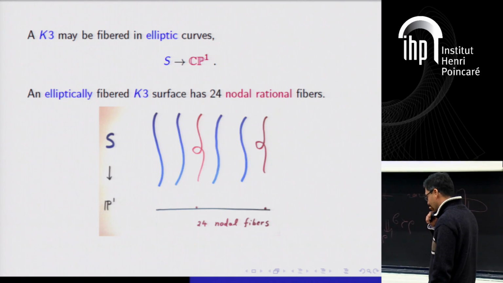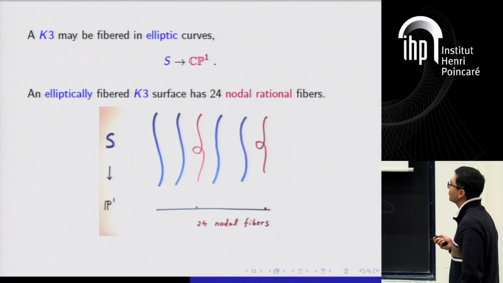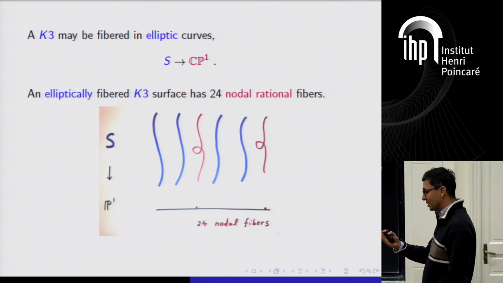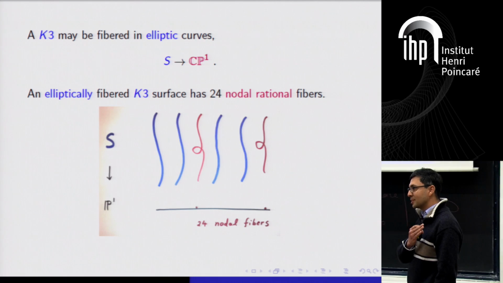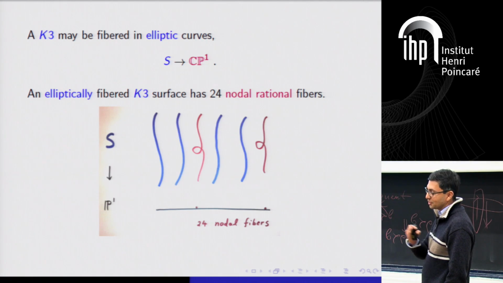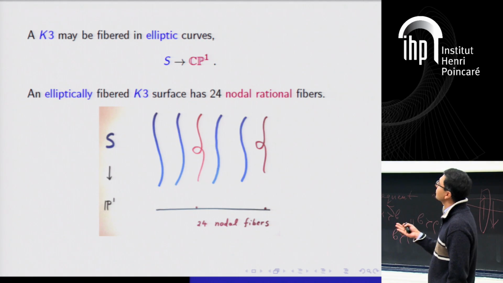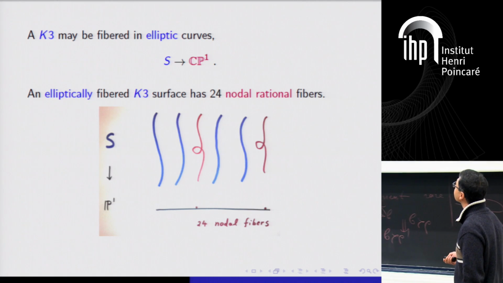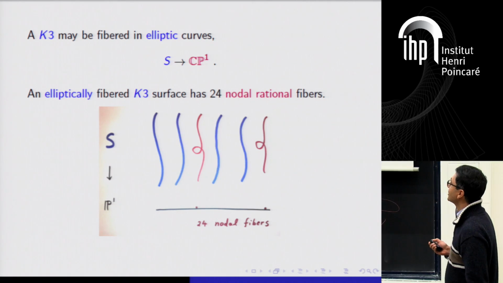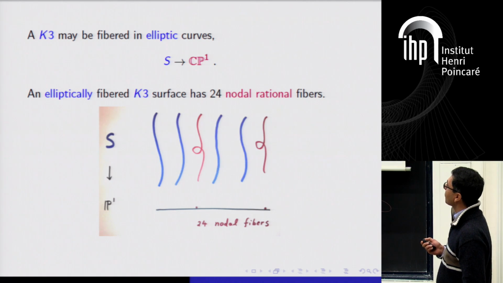This is a classical number. It's been known for a long time that if you have a K3 surface mapping to P1, fibered in elliptic curves, in a generic situation there will be 24 nodal fibers. So in this particular geometry, we find that rational curves exist, and there are 24 of them.